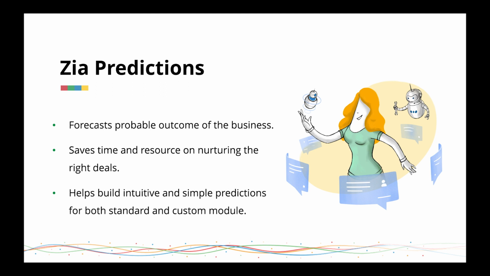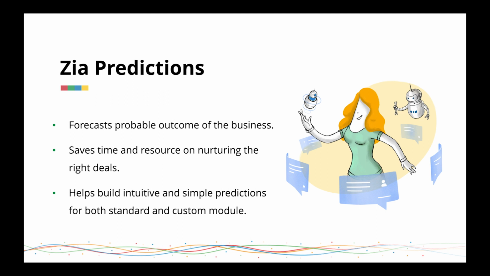It can predict the win probability of every ongoing deal and assign the dynamic score based on how close they are to conversion. You can also build custom predictions from scratch with Zia Prediction Builder. It's a simple and intuitive builder that can quickly predict the probable outcomes for your business that supports both standard and custom modules. Harness the power of Zia to make accurate predictions and close more deals.